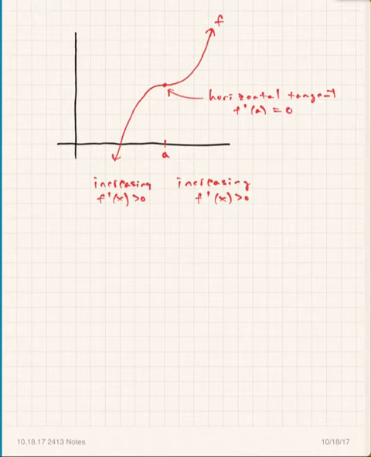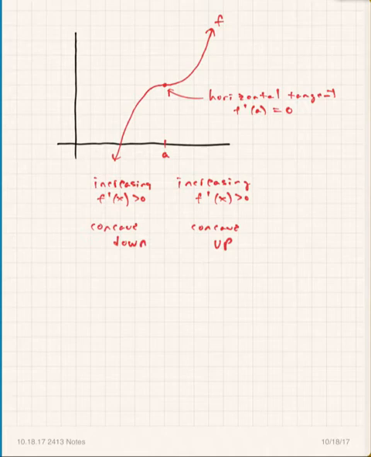And then what about the concavity of the function? Well, this function to the left of a is concave down, right? The tangent lines lie above that graph. The derivative is getting smaller. And after a, the function is concave up. So this one has a change in concavity at x equals a.